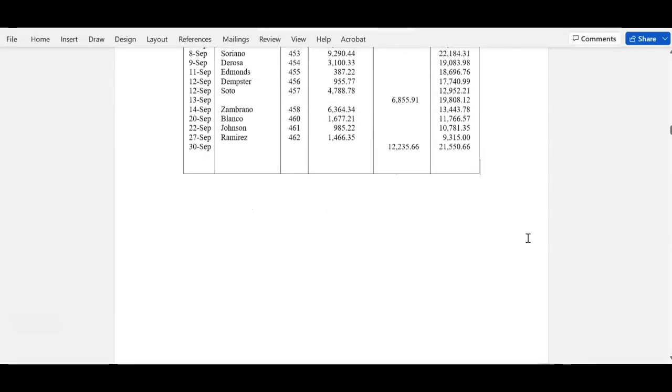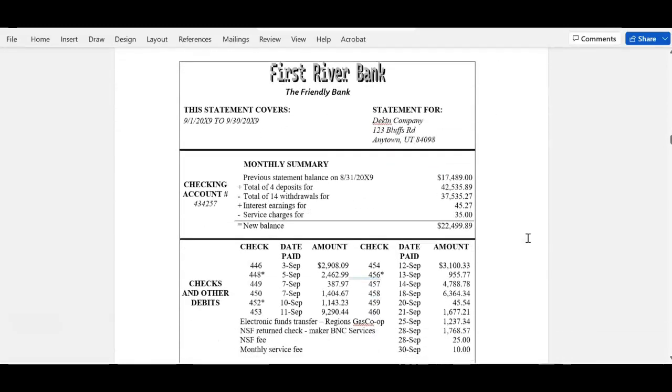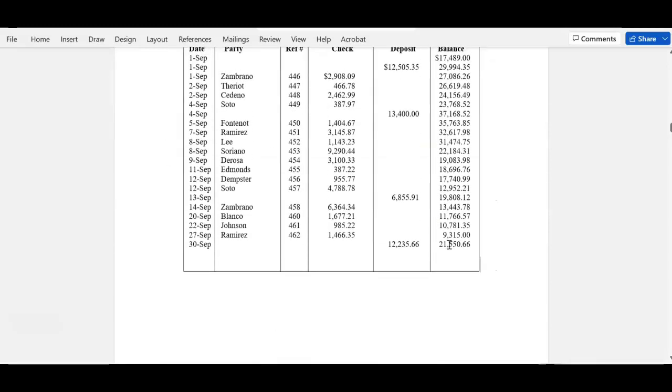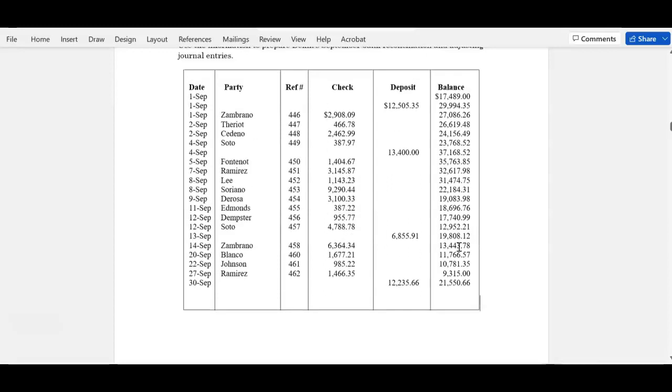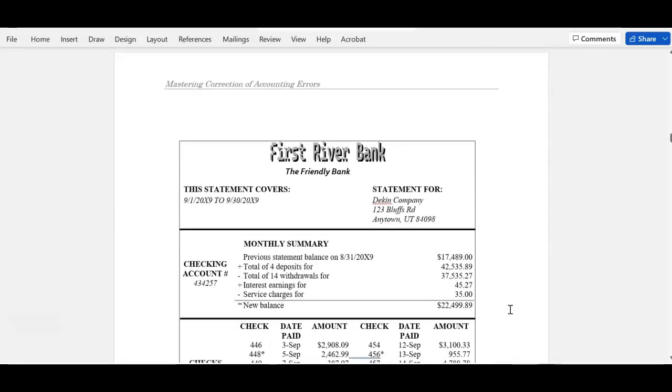However, you got a bank statement, and the bank statement says, no, you have $22,499 available. Your book says you have $21,550. Your bank is saying something else.